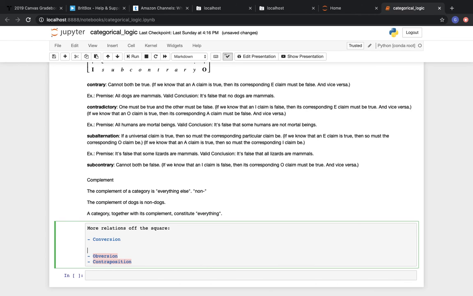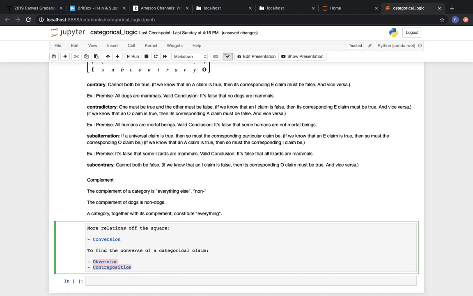Conversion, let's start with that. Every categorical claim has a converse, and to find the converse of a categorical claim, what you want to do is simply switch subject and predicate.